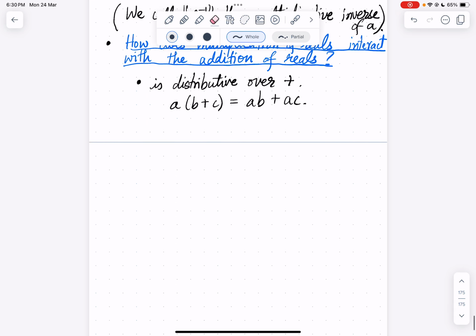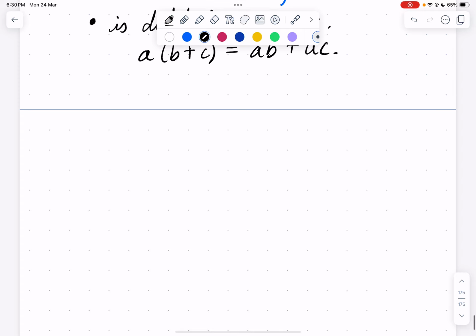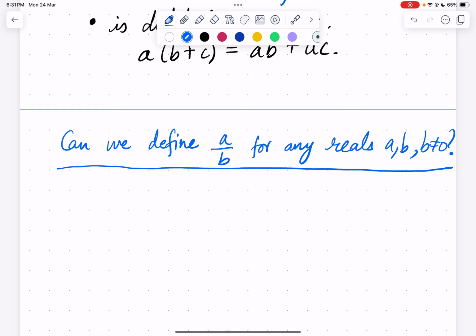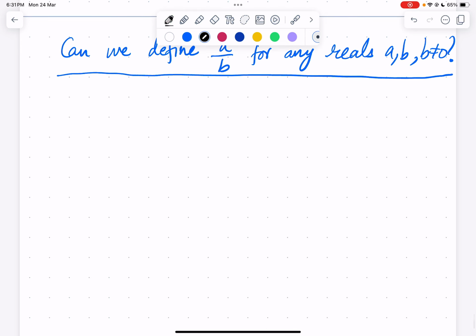Now we can ask, so ratio of reals, can we define a by b for any reals a, b where b is not equal to 0? So we'll define ratio of reals like we define ratio of rational numbers.